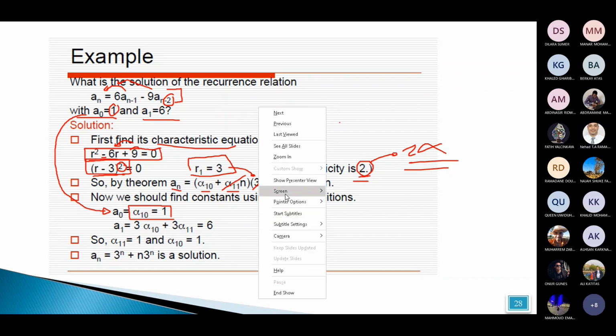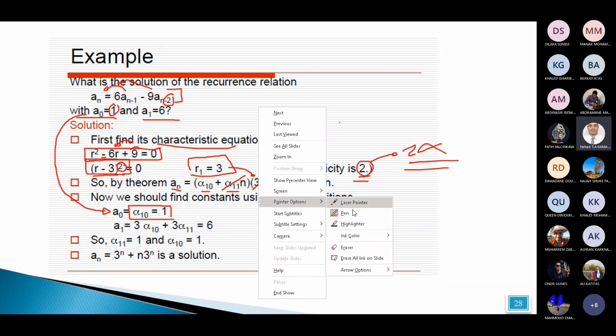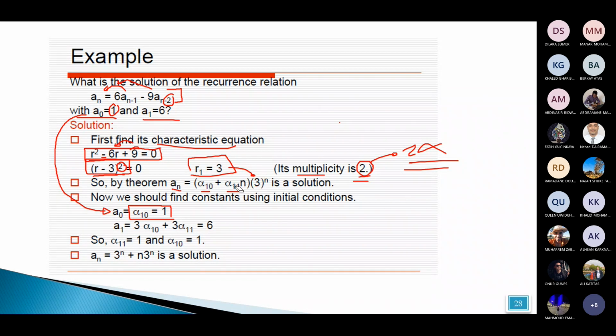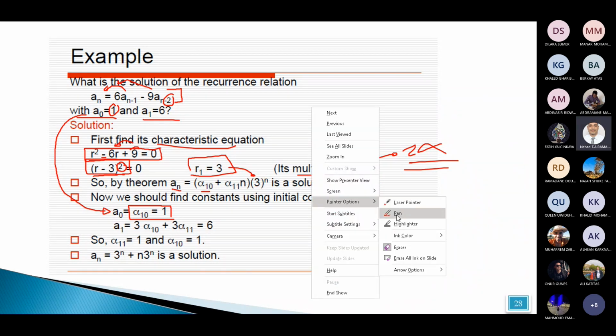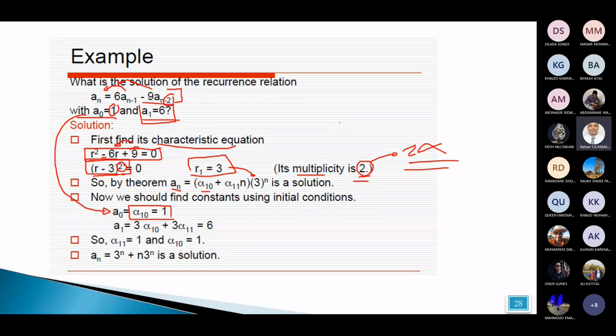Now we take the second initial value, which is a1. a1 equals, from the solution, alpha 1 0 plus alpha 1 1 multiplied by n. n is how much? 1.